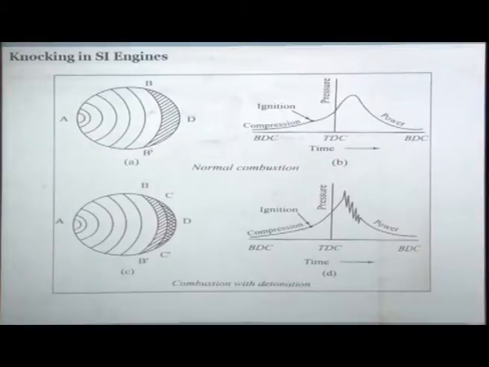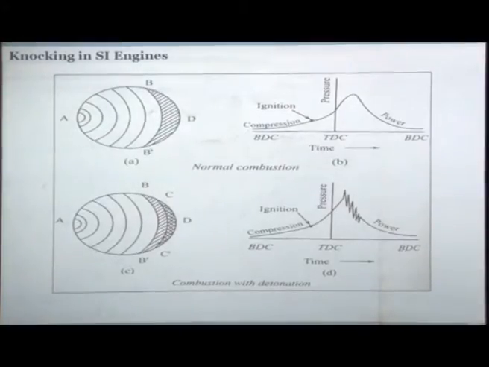So let's see, for example, this is the engine combustion chamber, and you have a side spark plug. You apply the spark and these are the flame fronts. By the time you reach here, B dash, this segment has reached the auto ignition temperature.